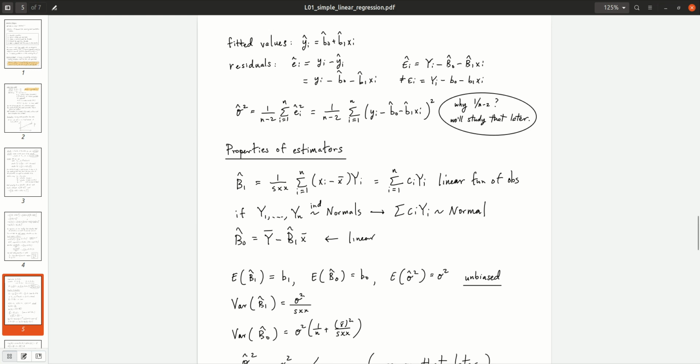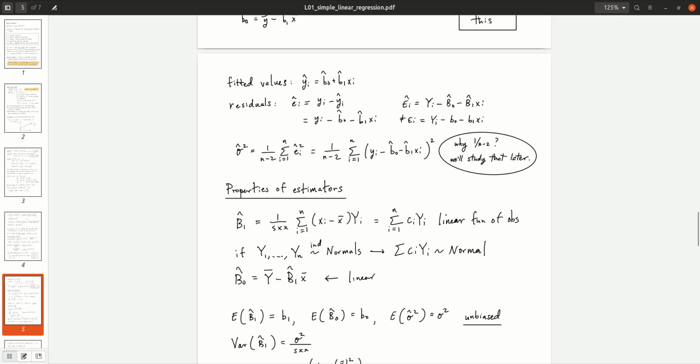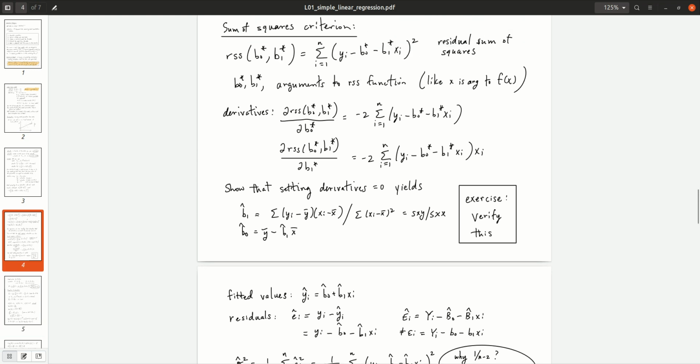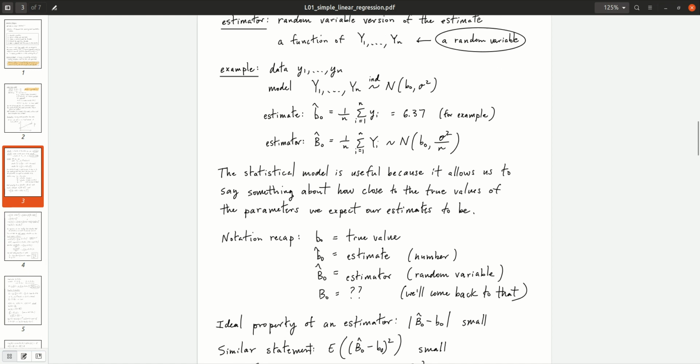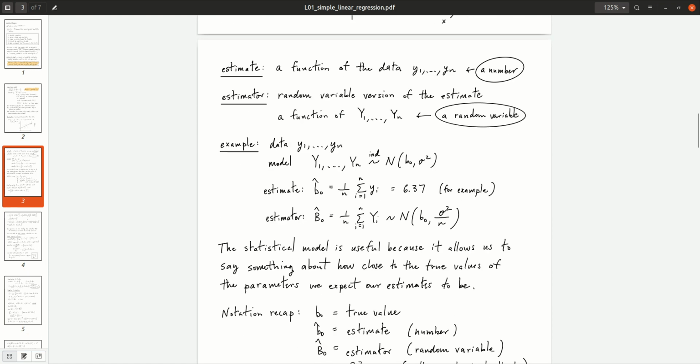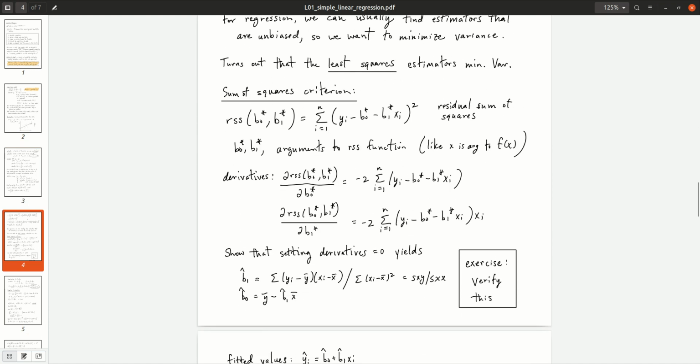If we look at this, there's something out front that's 1 over Sxx. Sxx is this quantity here: we take the sum of squared deviations of the xi's minus their average.